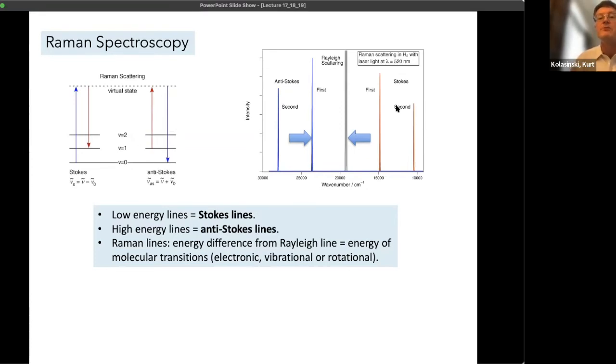We have Stokes lines to lower energies, where we leave the molecule in an excited state, and anti-Stokes lines which go to higher energies, which relaxed a molecule that was initially excited.